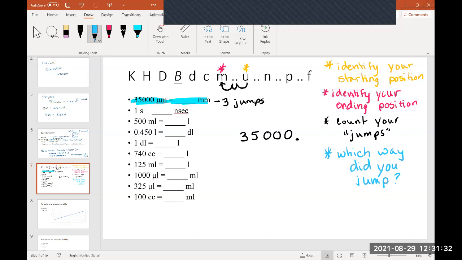Well, we need to jump to the left. Again, 1, 2, 3. So let's jump 3 positions to the left. 1, 2, 3. And that means 35,000 micrometers equals 35 millimeters. So 35,000 micrometers equals 35 millimeters.